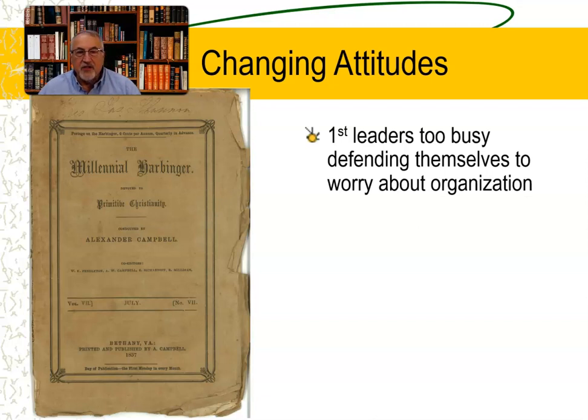At first, the leaders were very busy defending themselves, and they were so busy defending themselves, they didn't really have much time to think about how all this was going to work together as we grow from, say, one congregation to 10, to 30, to 100. There's the merger with the Stone movement. So now you have hundreds of congregations, and how do we organize that?